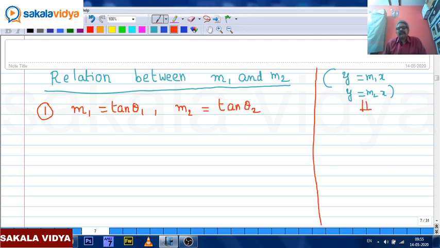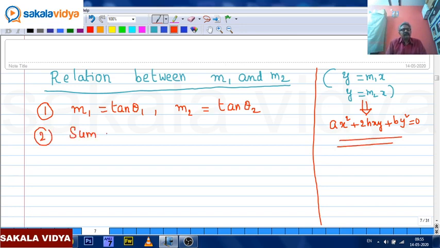Next, actually here you see, these two represent the pair of lines ax square plus 2hxy plus by square is equal to 0. Second point is sum of the slopes. This is a very, very important point. Sum of the slopes is m1 plus m2, you remember, minus 2h by b.